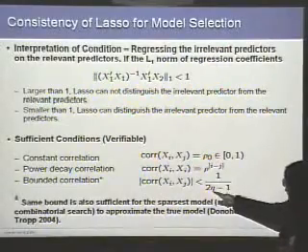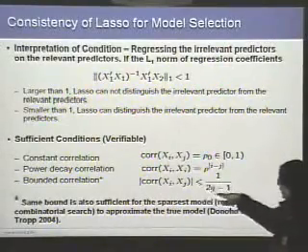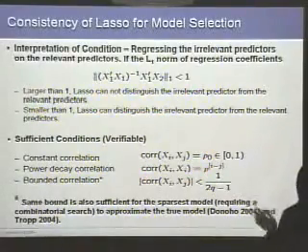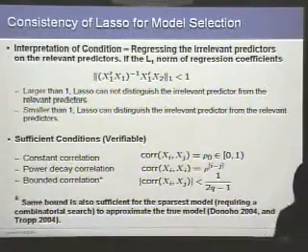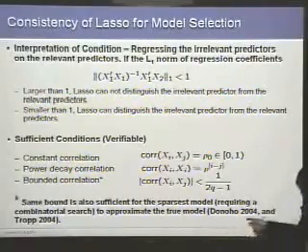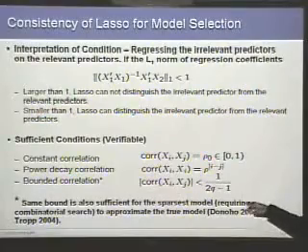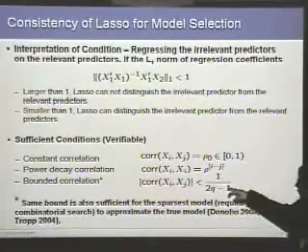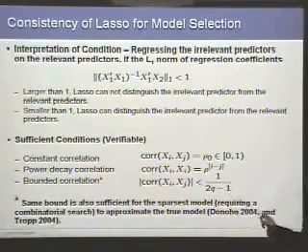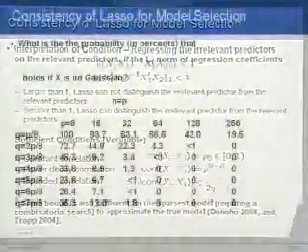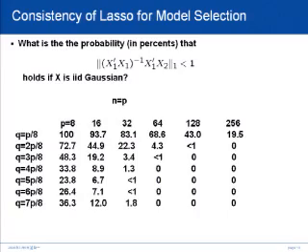When Q is very large, this condition says that your correlation has to be small, which is also sensible: when you have lots of them, if they're highly correlated, you're not going to do well. There's also a relationship between this condition and something by Donoho, from a very deterministic, linear algebra point of view. The idea is that you want the relevant features to be nearly independent, and there cannot be too many.